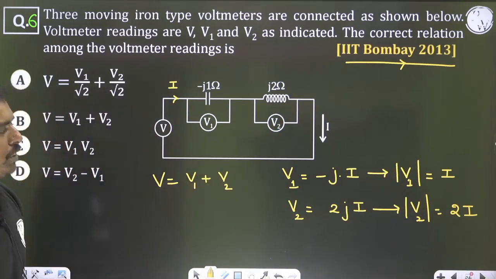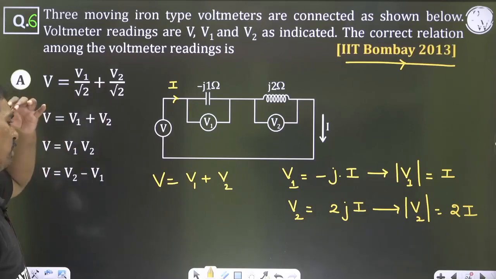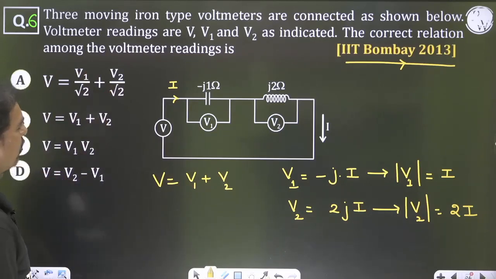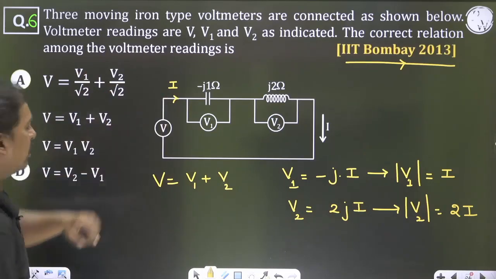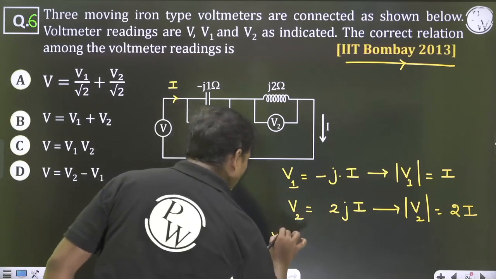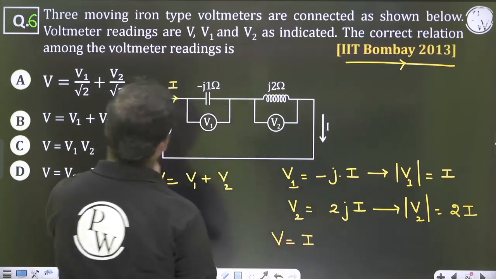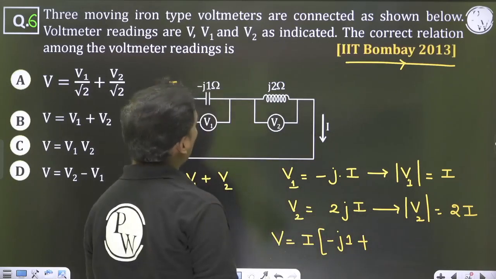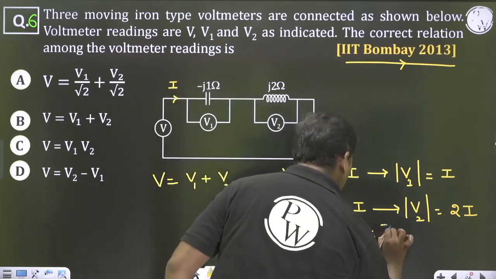V is equal to V1 plus V2. But if you take the expression of V, how to get it? That is the combination of I into minus. So what is V here? V is equal to I into minus J1 plus, the same current is going, plus J2. Okay?